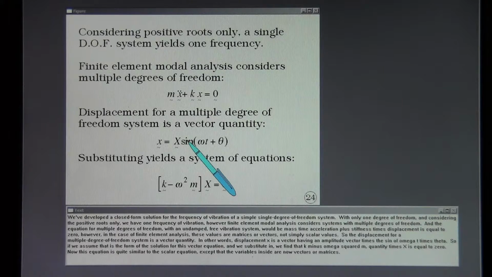So if we assume that is the form of the solution for this vector equation and we substitute in, we find that k minus omega squared m, quantity times x, is equal to 0. Now this equation is quite similar to the scalar equation, except that the variables inside are now vectors or matrices.